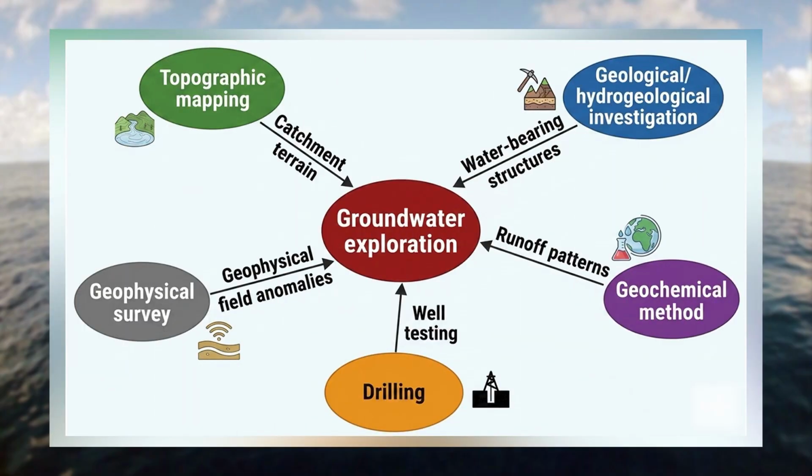The main objectives of groundwater potential maps are to identify areas suitable for groundwater exploration and recharge, support well sinking and bore well planning, assist in watershed management and drought mitigation and promote sustainable groundwater use.